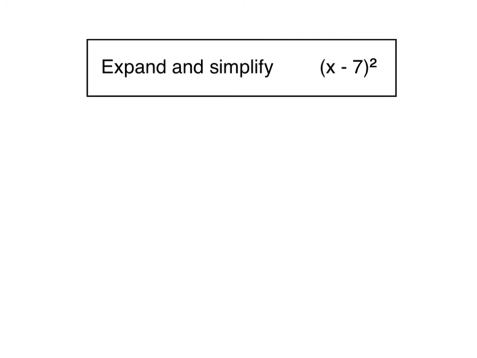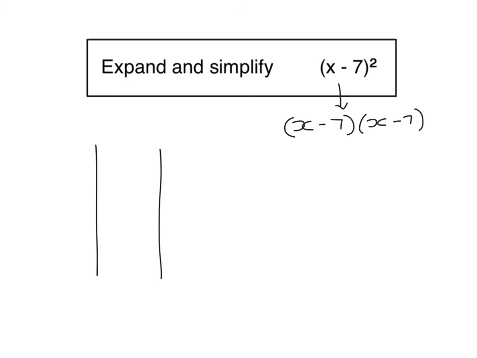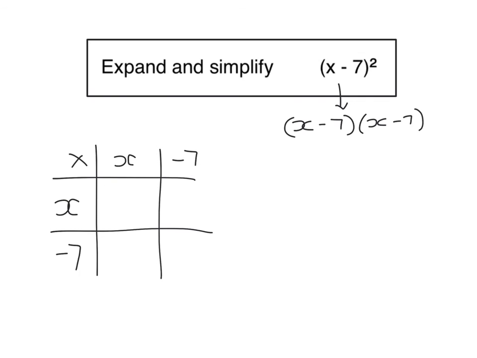This one may be confusing to start with, but remember that that squared means that you're timesing by itself. So this is actually x minus 7 times by x minus 7, which is just a grid. X times x is x squared.